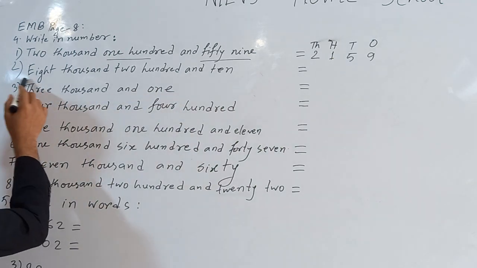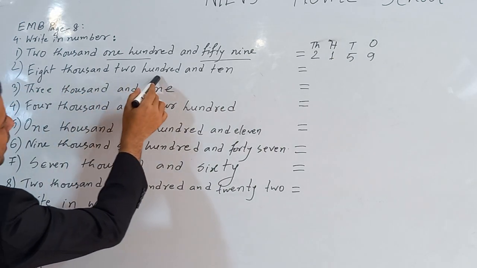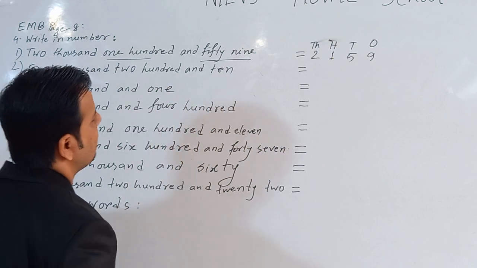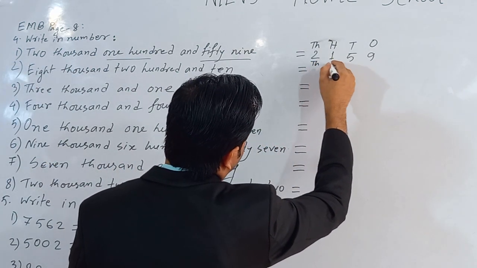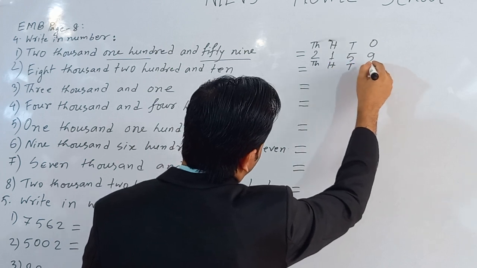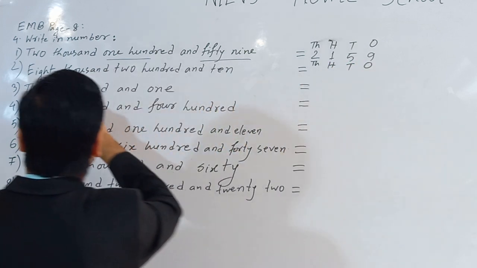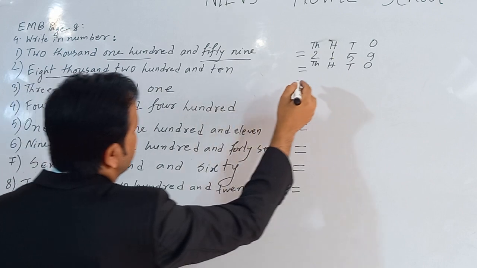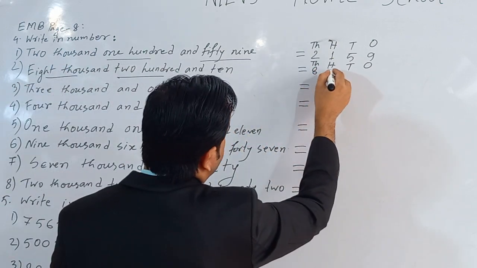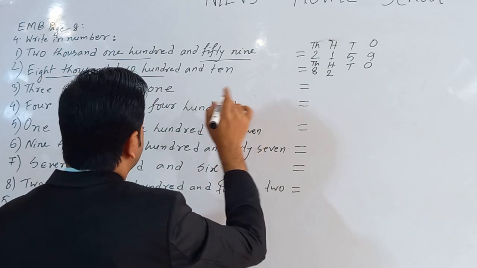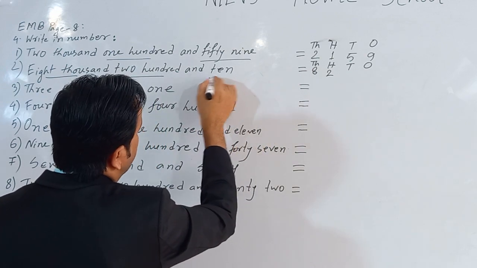Next number 2 is 8210. So at first indicate the positions 1000, 100, tens, ones. Here is 8000, so we have to write 8 in thousands position. Then 200, we have to write 2 in hundreds position, and then 10.